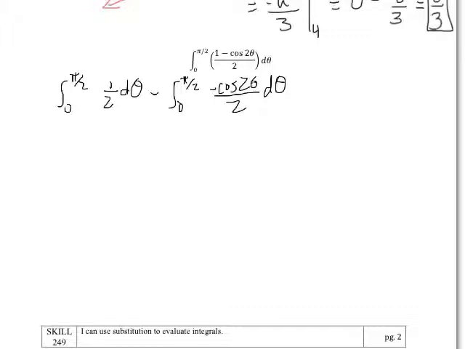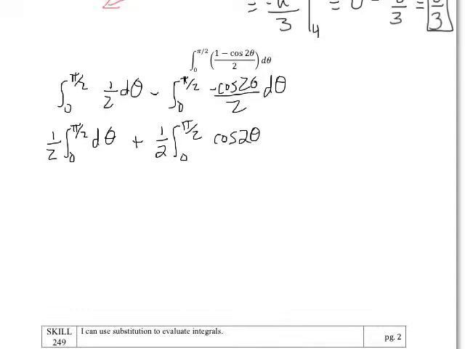And that allows us to factor out the 1/2, and we're taking the integral pi over 2 of d theta. We're going to pull out the negative 1/2 and get the integral of pi over 2 of cosine 2 theta d theta.